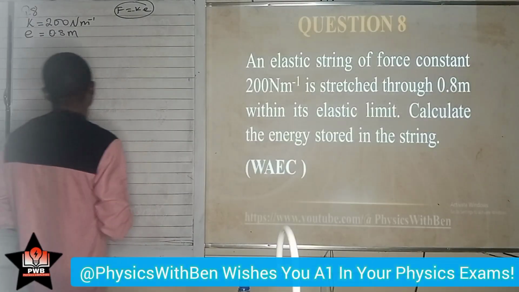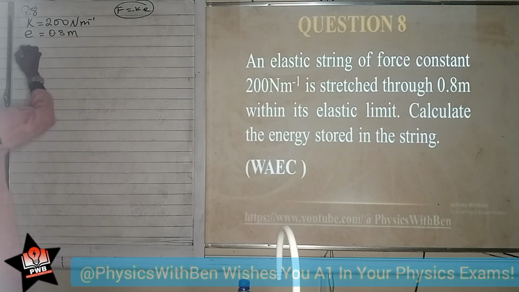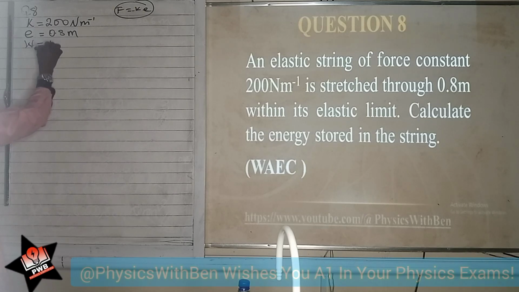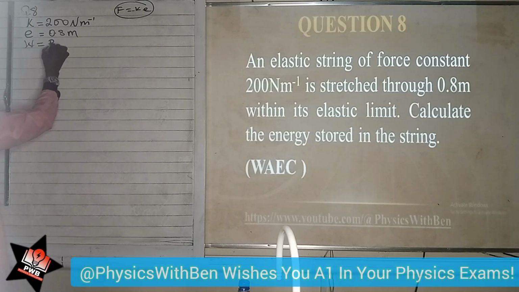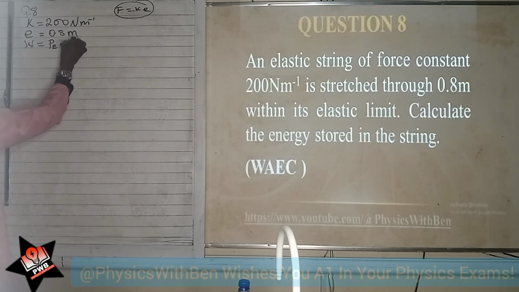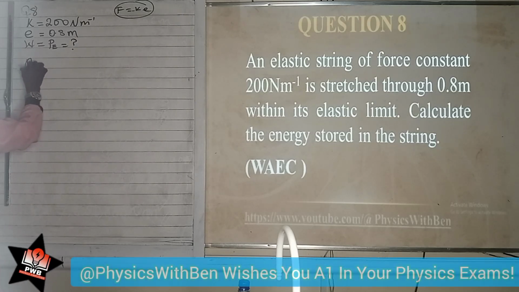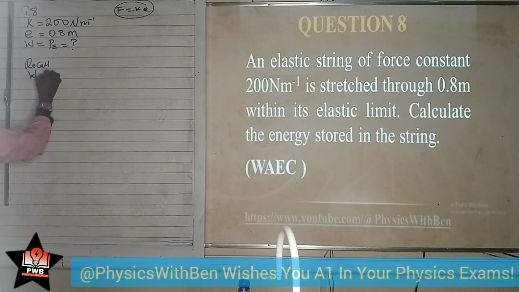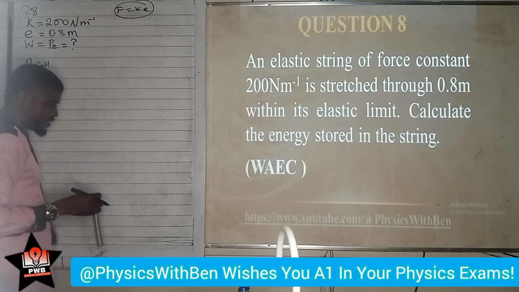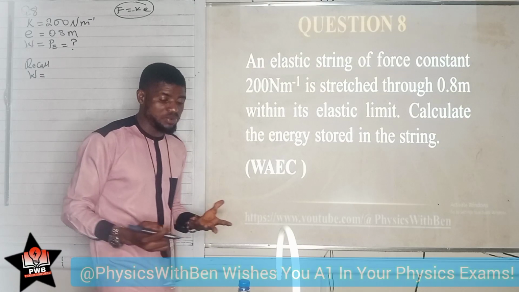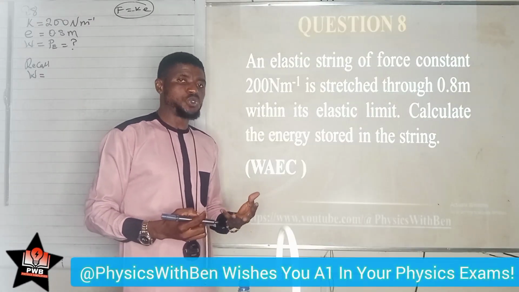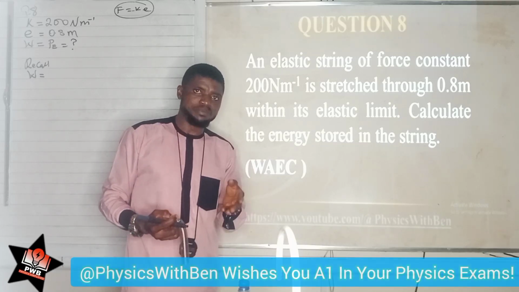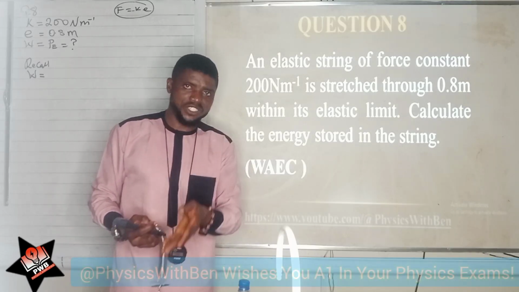So we write that W, which equals P, the elastic potential energy, is not given. Recall that W, the work done in stretching an elastic spring, which equals the elastic potential energy, is equal to the average force times the extension.